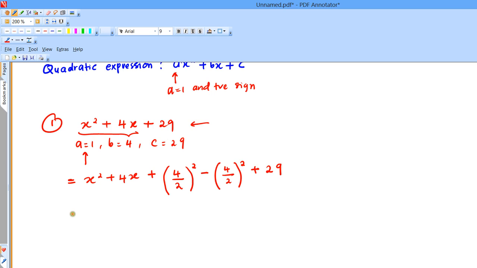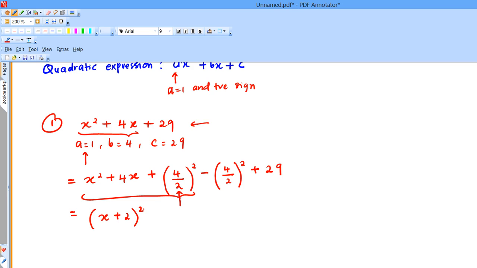Next, how do we simplify the first three terms? It equals the first bracket, and then put x, and now in this bracket we need to simplify. 4 over 2 equals 2, we have positive 2, no need to square, so x plus 2, and then squared.